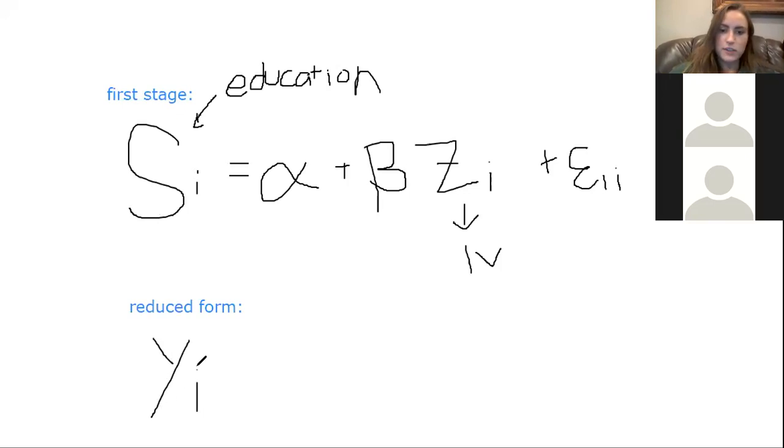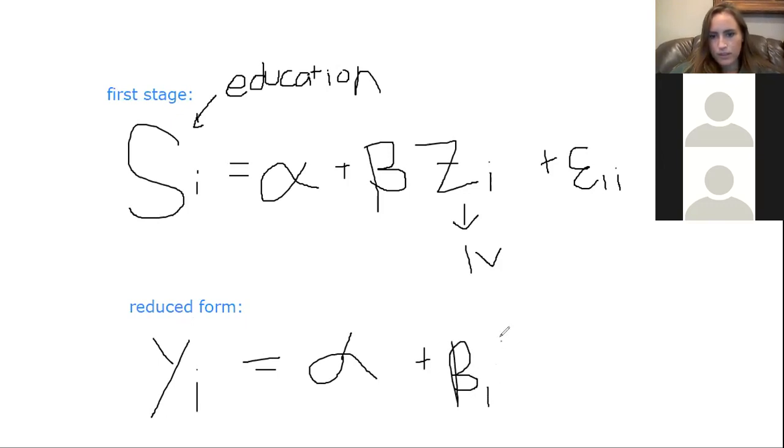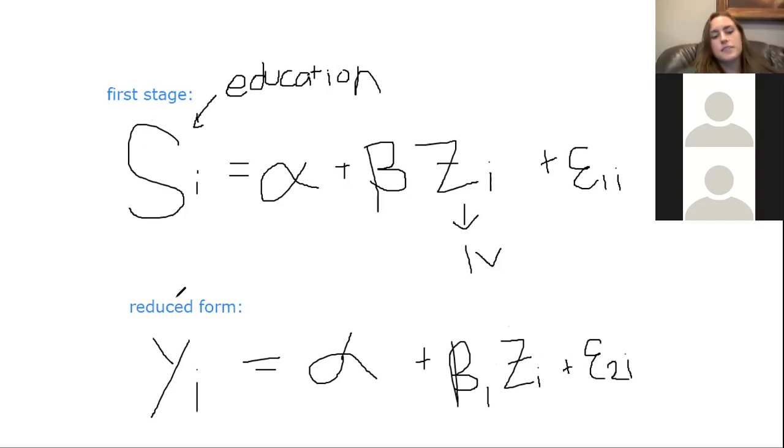But to get that, we need to know how Zi affects education, and then how Zi affects wage, and then we rescale the two betas to each other. So this is our first stage and this is our reduced form.